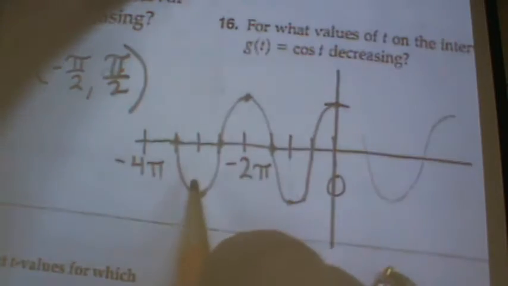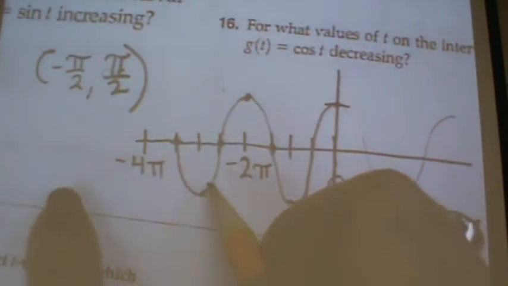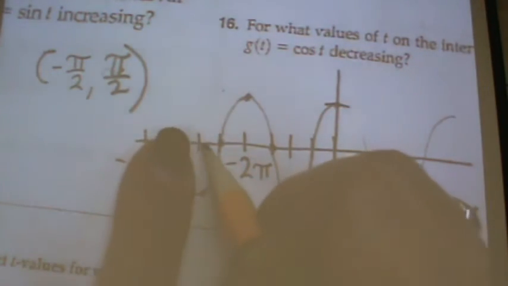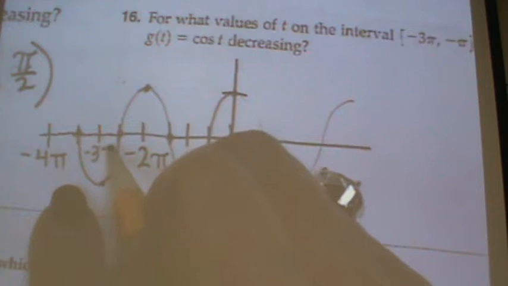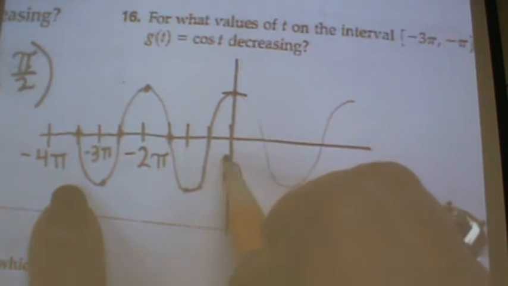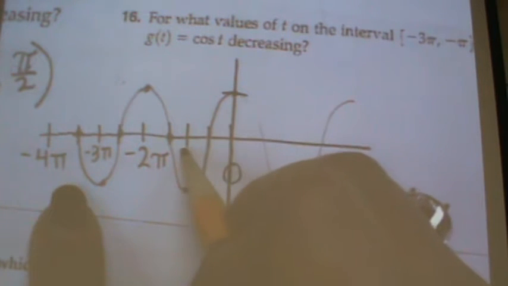And actually, they just want 3 pi. So this is negative 3 pi right here. See, the question says from negative 3 pi, that's negative 3 pi. And where's negative pi? 1, 2, there's negative pi.